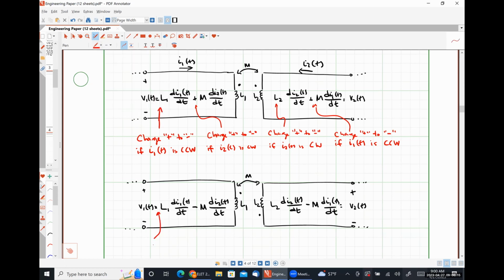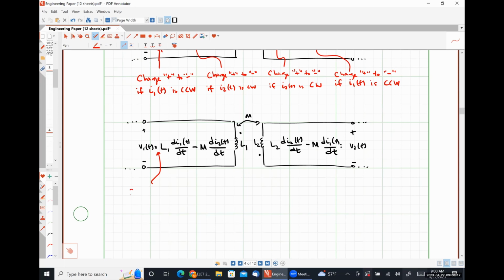And we are going to change this plus to minus if I1 is counterclockwise. We're going to change this minus to plus if I2 is clockwise.